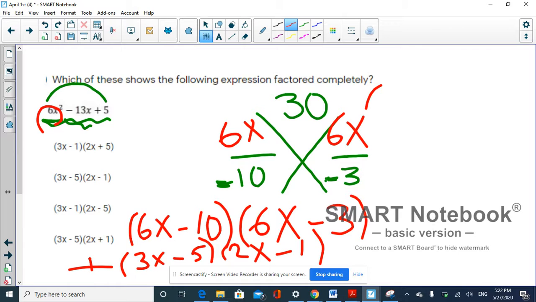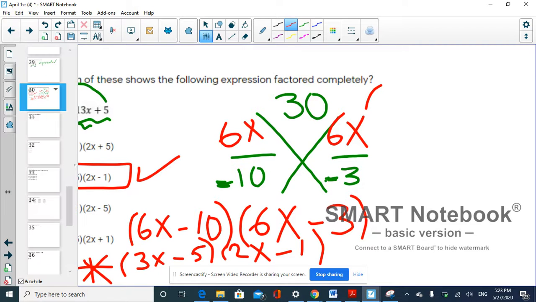Look at these two factors, 3x minus 5 and 2x minus 1. Yes, this is the second option here. This is the correct answer. These are the factors for this expression.